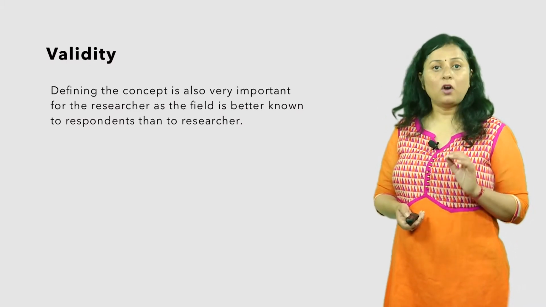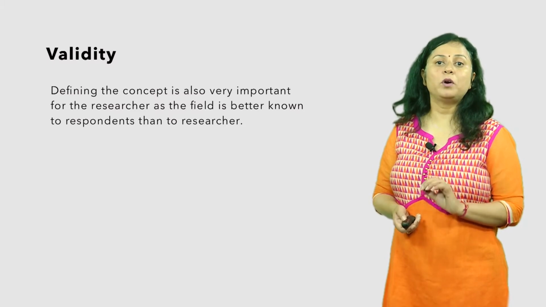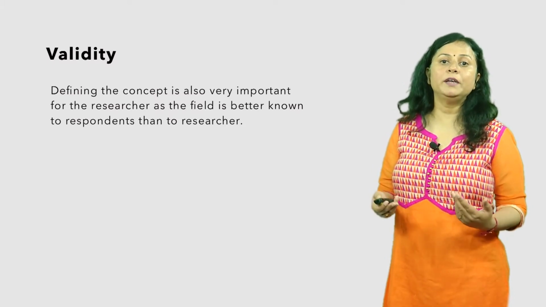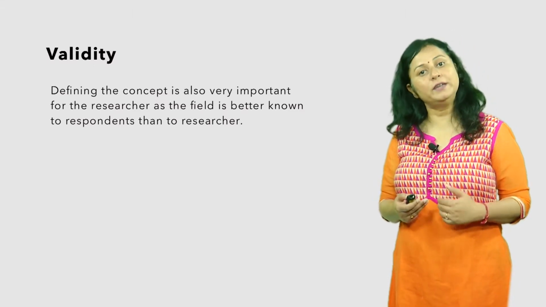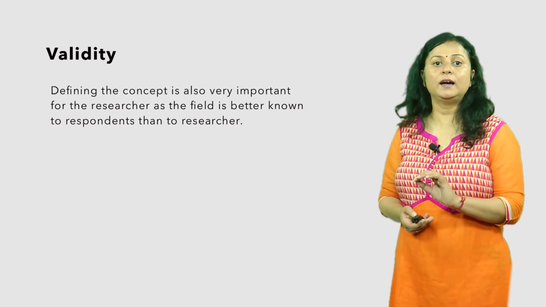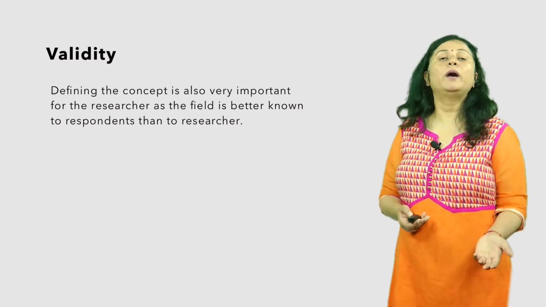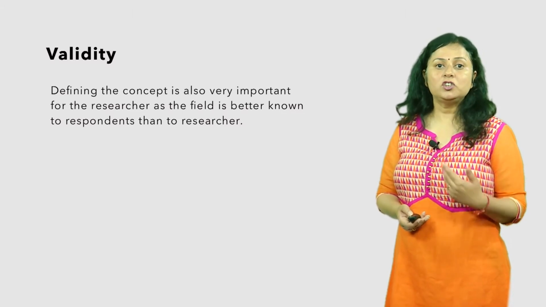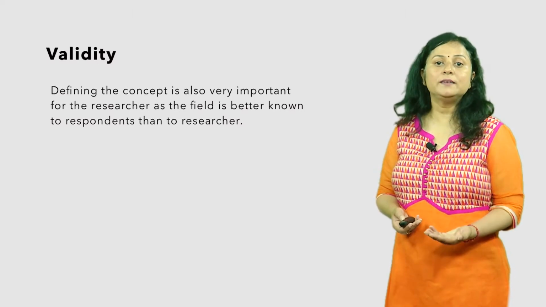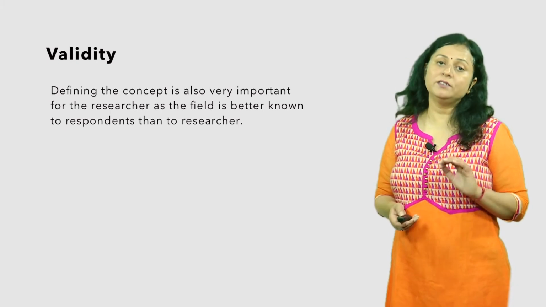Validity can also be checked by taking respondents into confidence and trying to involve them in research by the method of discussion. The researcher can share his or her data with the respondents, and while discussing can ensure that there is no discrepancy between what the respondent said and what he or she has written.